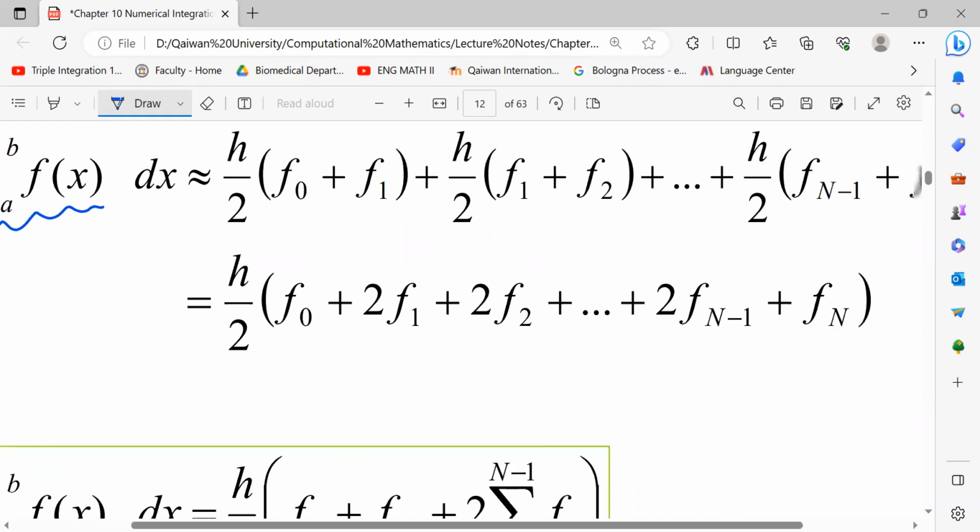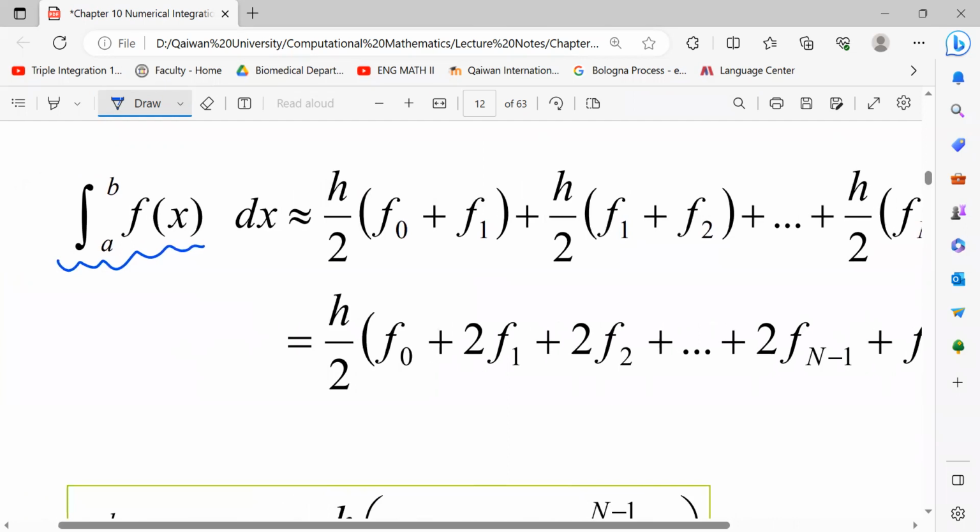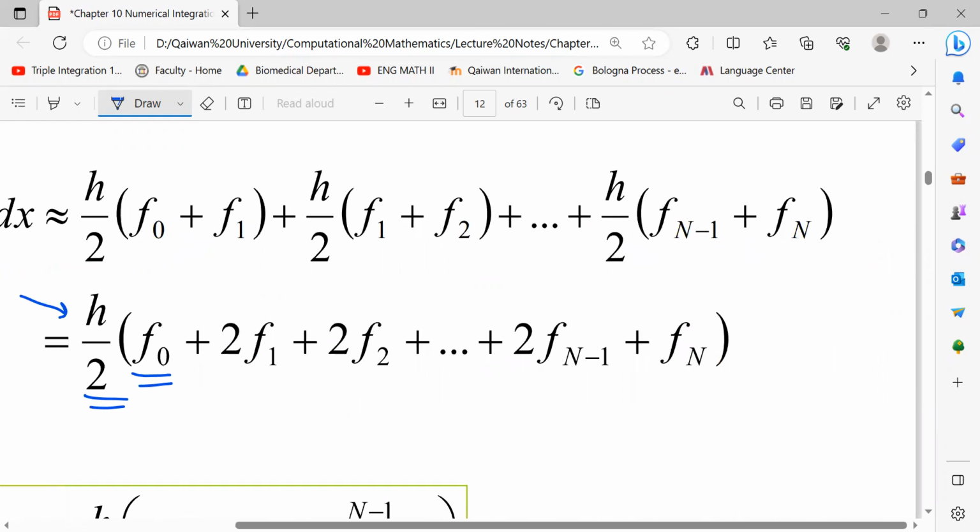You just need to know, you just need to use the rule, nothing else. We say it's h over 2, f naught, where f naught means f of x naught, and fn means f of xn.